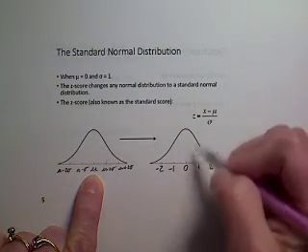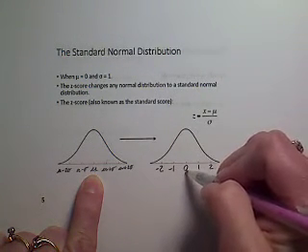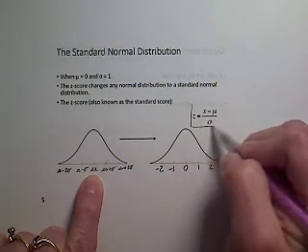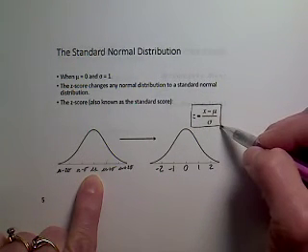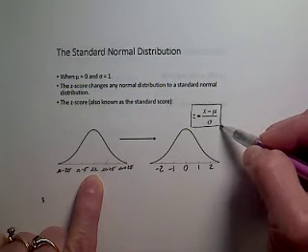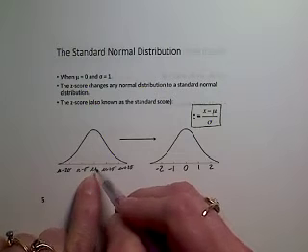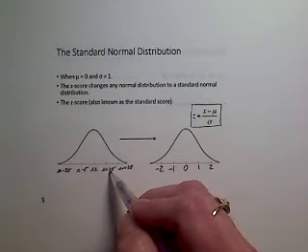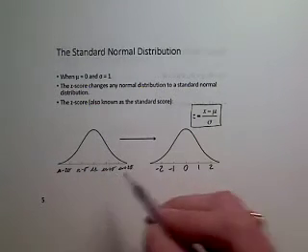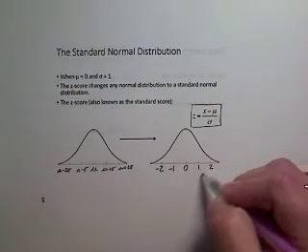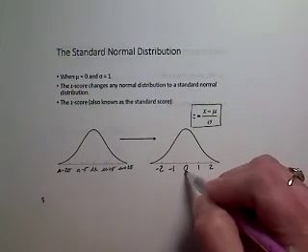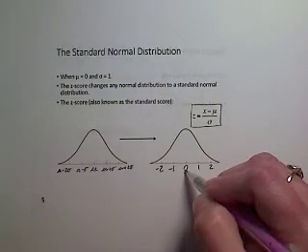This is found using the z-score. Remember that guy? We haven't talked about the z-score in quite a while. I think that was chapter 4. So, the z-score is going to take the old mu and sigma from our data, and it's going to turn it into a number of standard deviations away from the mean.